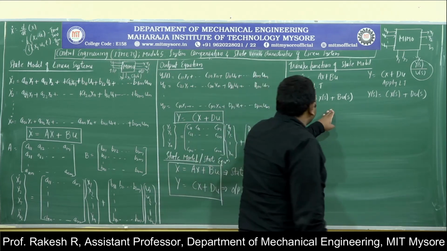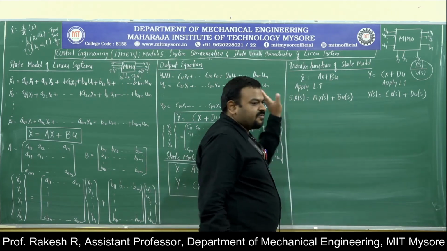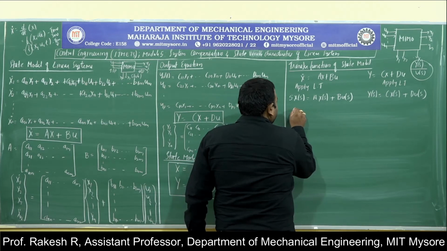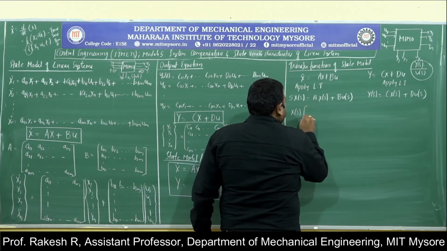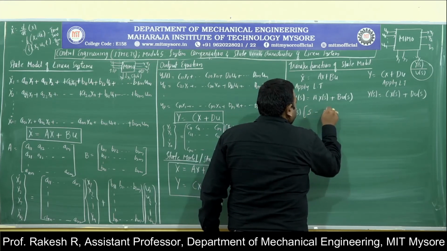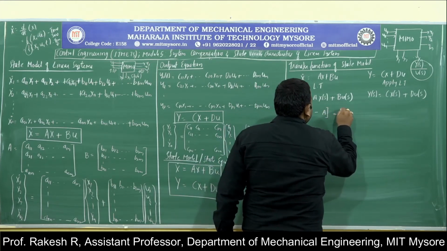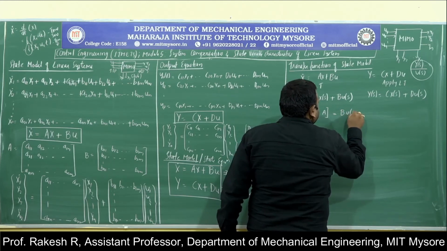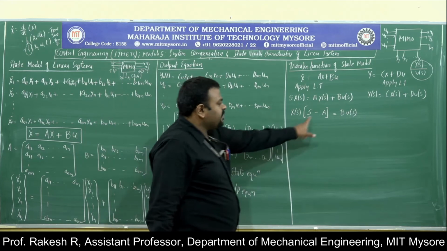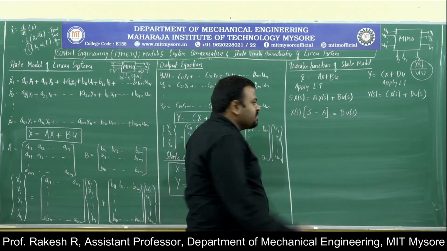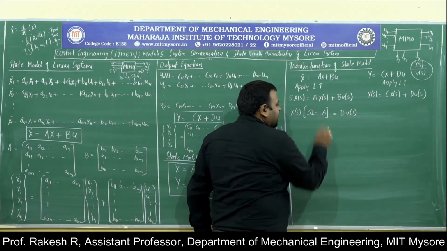Let us solve the same thing. I will segregate X of s to one side. So X of s times (sI minus A) will be equal to B into U of s. Whenever I write s minus A, this is a matrix, so that's why I will multiply s with the identity matrix.